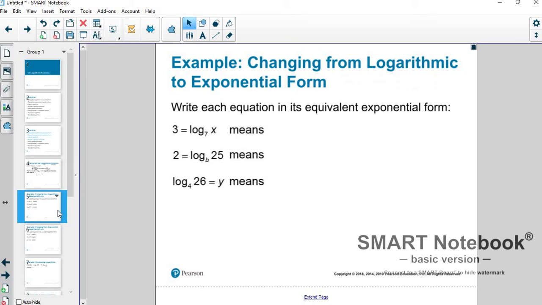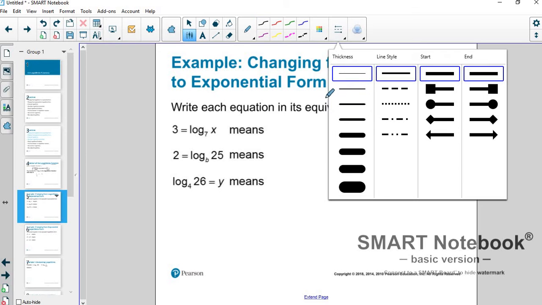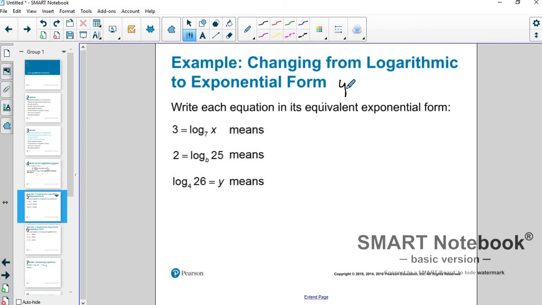We're going to start with the logarithmic form, and so we have 3 equals log base 7 of x. Now again, what was our rule? Our rule says that if we have y equals log base b of x, that's the same thing as b to the y equals x. Those are the same thing.